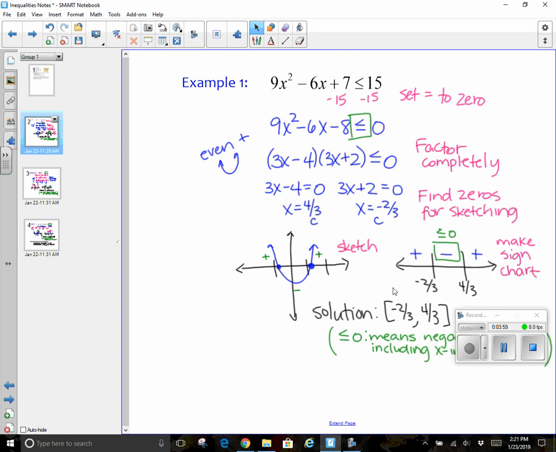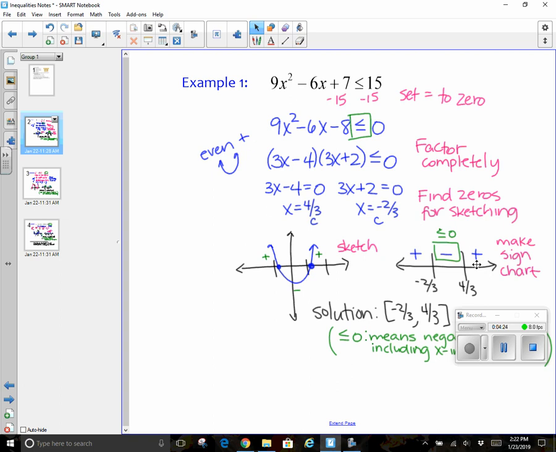So the same way I described the positive and negative sections, this represents a section that is to the left of negative 2/3. So here's negative 2/3, and the graph that's to the left of negative 2/3 is all above the x-axis, so that gets a plus. The section of the graph between the x-intercepts is below the x-axis, so that's negative.